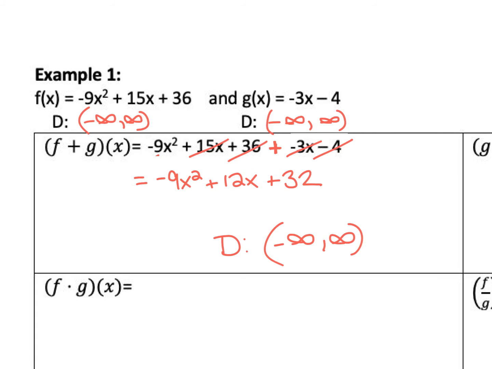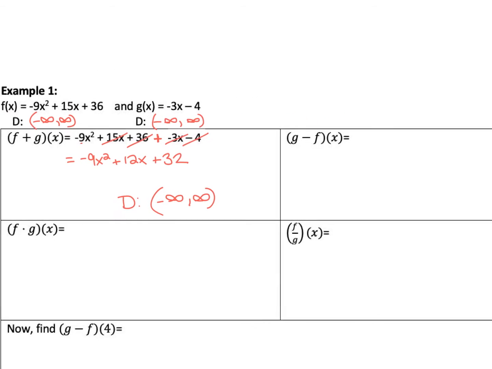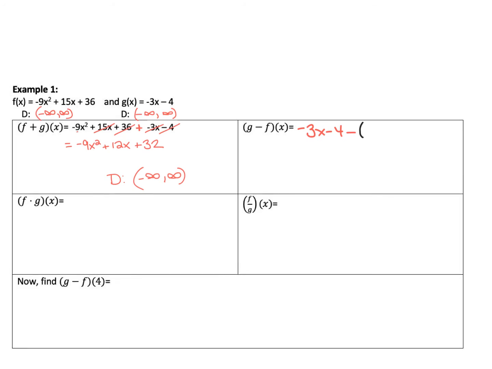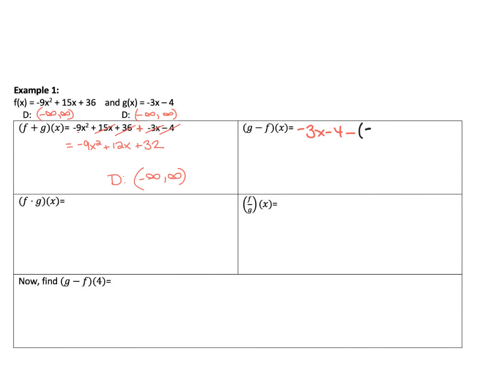All right, so let's do subtraction now. So with subtraction, just pay attention to the order. This time I'm told to do g of x first, so I'm going to do negative 3x minus 4 minus my second polynomial. So what I need to be careful with is that because it's subtraction, I make sure I put the entire f of x in parentheses: negative 9x squared plus 15x plus 36.